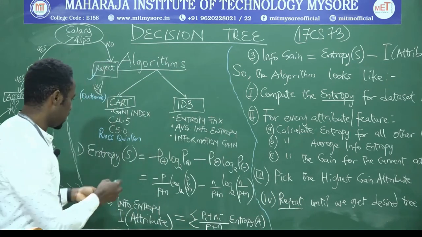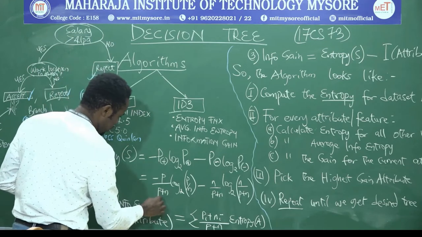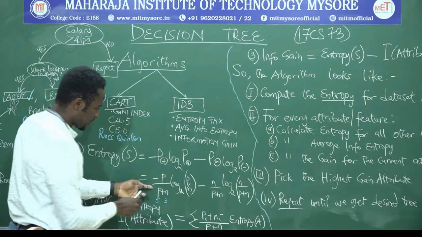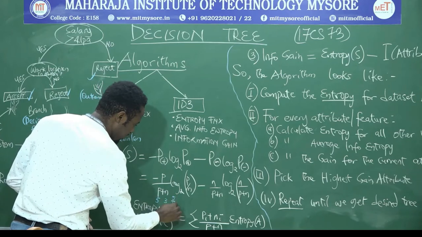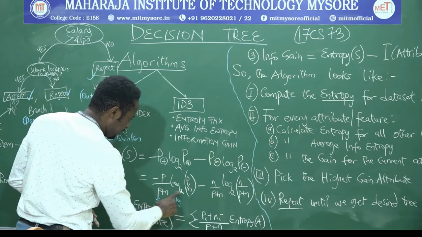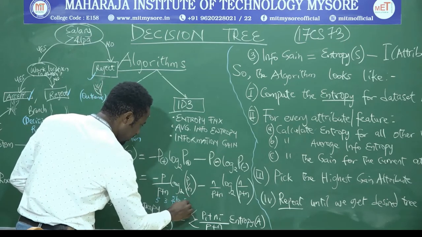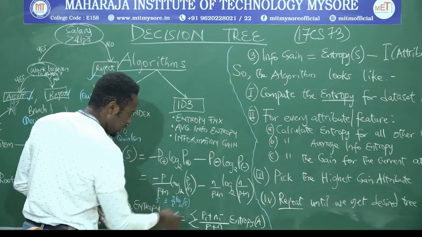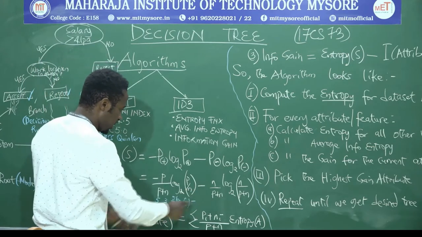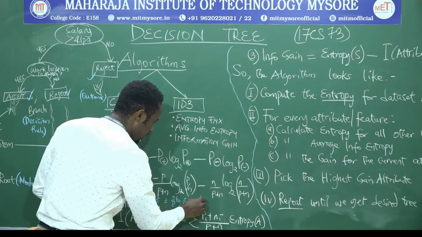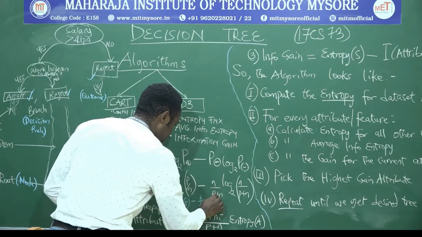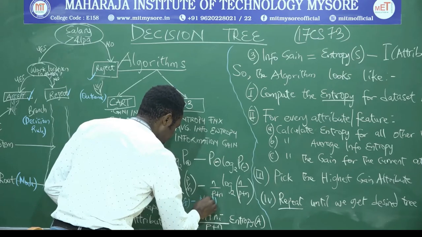Substituting values, this becomes 5 upon 8, because 5 plus 3 is 8, times log of 5 upon 8 to base 2, minus 3 upon 8, the denominator remains the same, times log of 3 upon 8 to base 2.